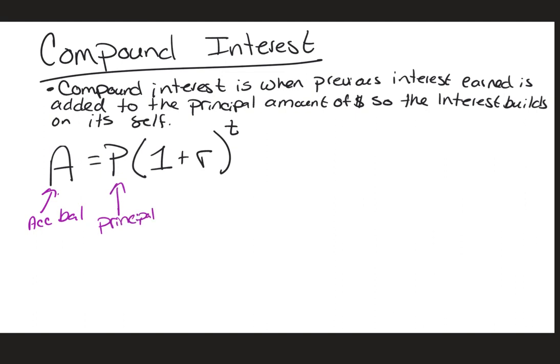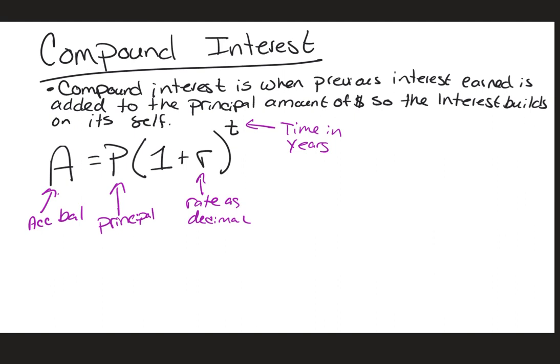The 1 plus is going to be in there, you're going to leave that. R is still going to be your rate as a decimal. And then T is going to be time in years. That is a little exponent, it is going to the power of T.